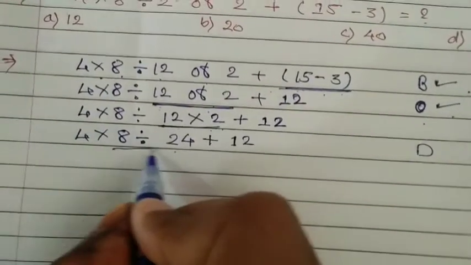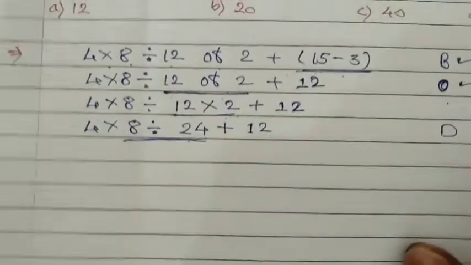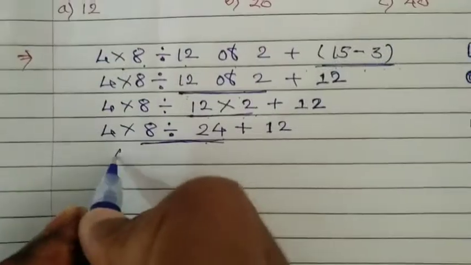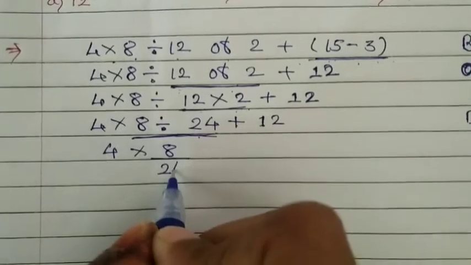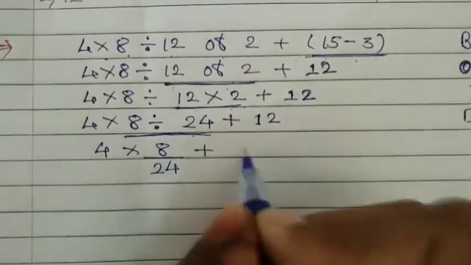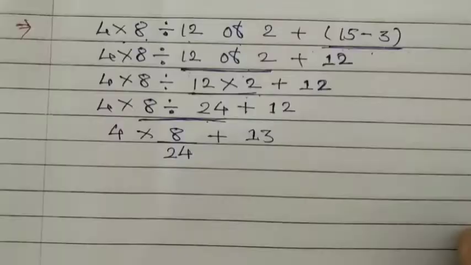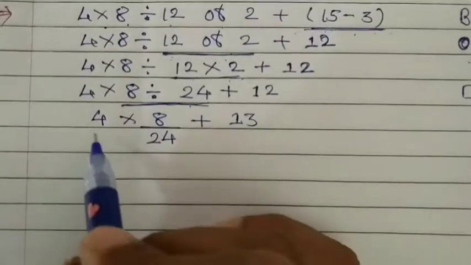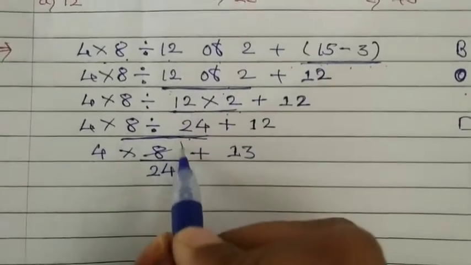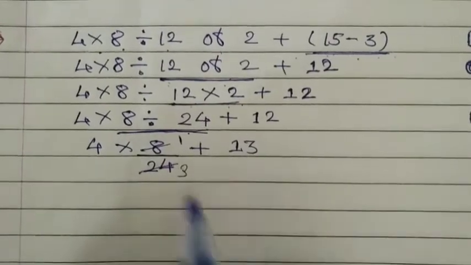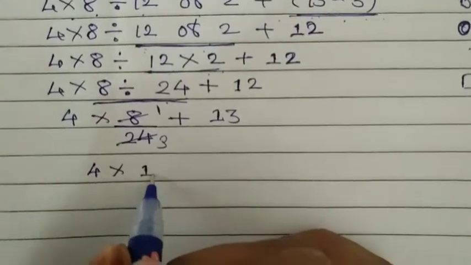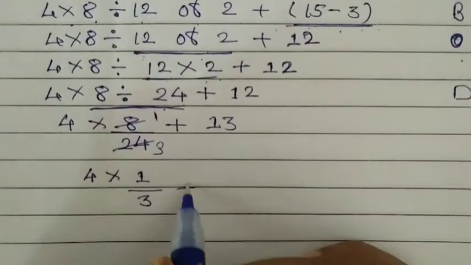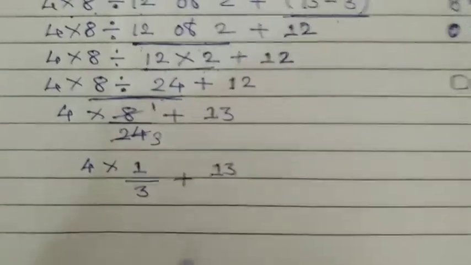Is there any division? 8 divided by 24, how much? 8 ones are 8, 8 threes are 24, so 4 multiplied by 1 divided by 3 plus 13.